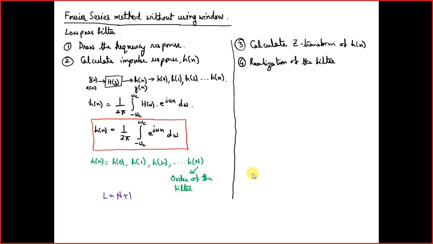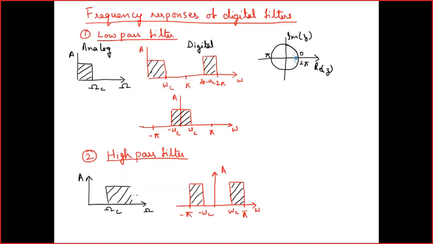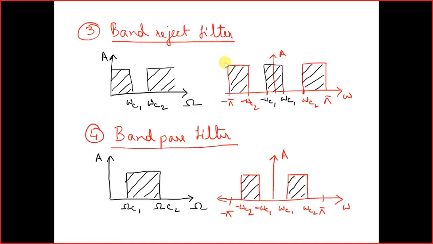Now if you have to design any other filter, you just have to remember the frequency responses, whether it is a high pass filter, band reject filter or band pass filter. You have to calculate the omega c values.